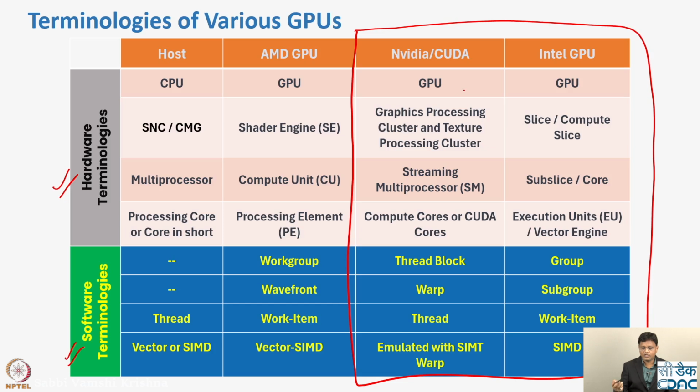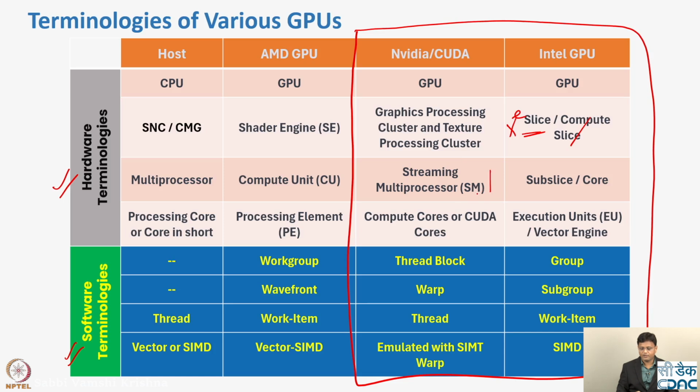Both are GPUs. In hardware terminology, the NVIDIA GPUs have organized their compute cores in terms of graphics processing clusters, and within a graphics processing cluster there is a texture processing cluster. Similarly, in comparison, Intel has organized their compute cores in the form of Xe slices. Within the texture processing cluster there is a streaming multiprocessor in the case of NVIDIA.